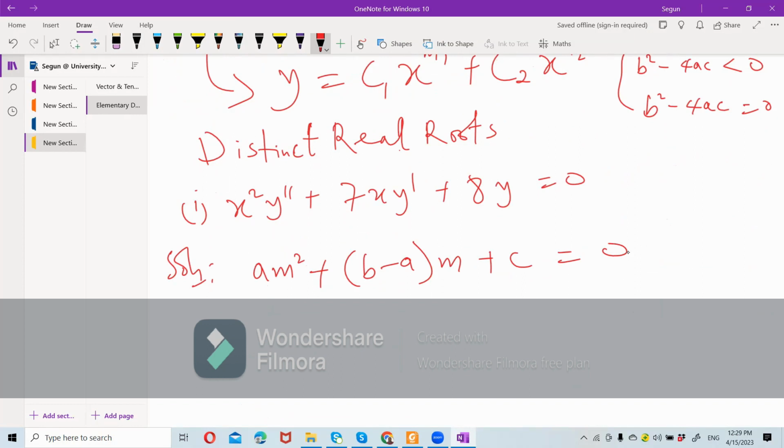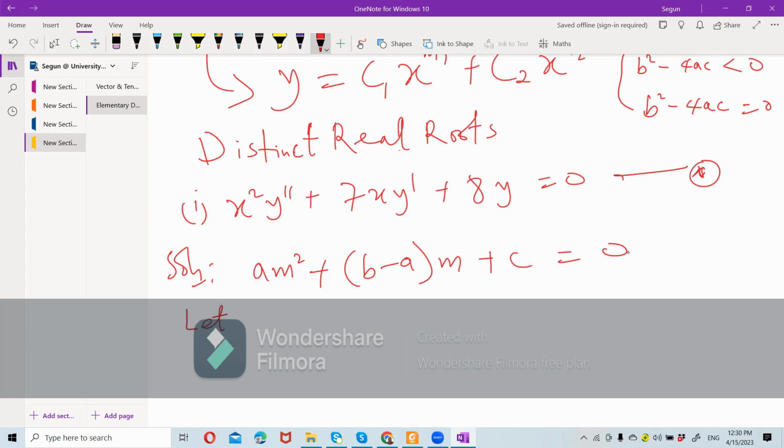Now, if you look at equation star, I can go ahead and represent it.